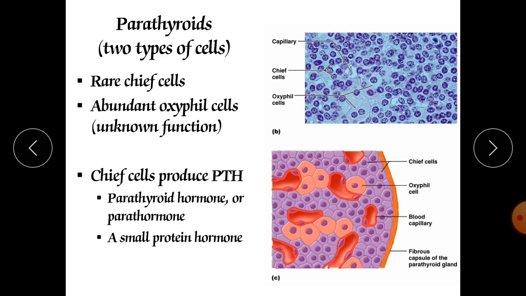So oxyphil cells normally don't have any role, but in case of cancer they also start to secrete parathyroid hormone. Mind it well: normally they don't secrete it. Who secretes parathyroid hormone? The chief cell.